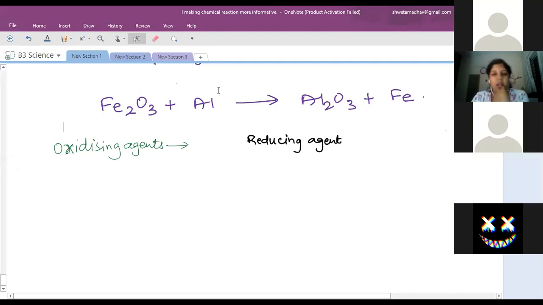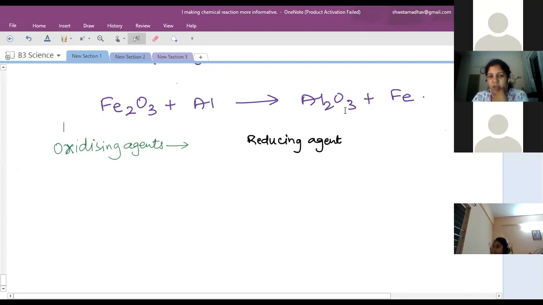Aluminium. Aluminium is oxidized to form aluminium oxide. For its oxidation, what has aluminium gained or lost? It has gained oxygen, not O3, it has gained oxygen.